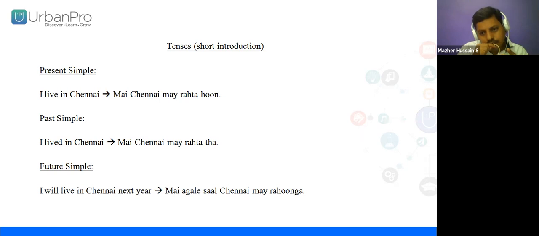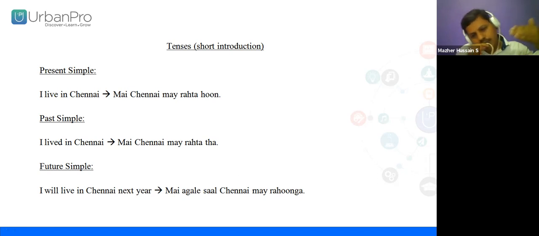In present tense, if the subject is main, then in present simple tense or in most of the present tenses, we say hoon, H-O-O-N. So "main Chennai mein rehta hoon" means I live in Chennai.